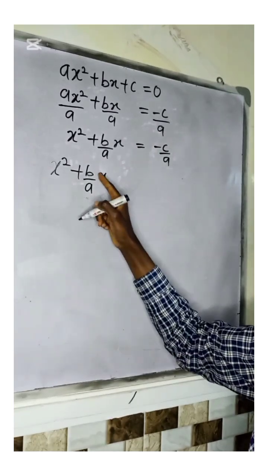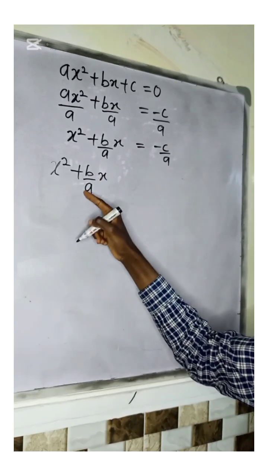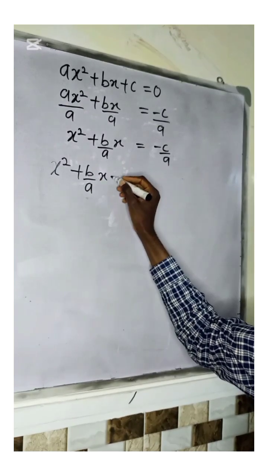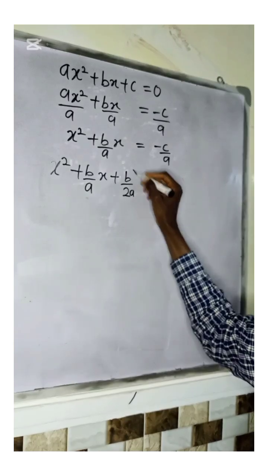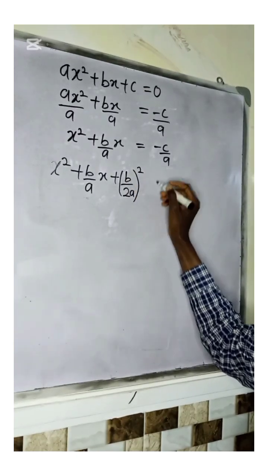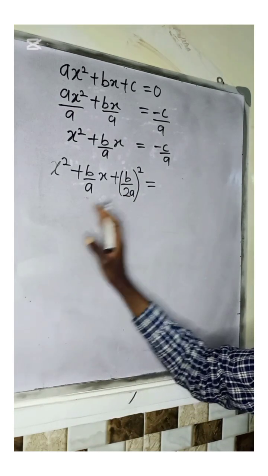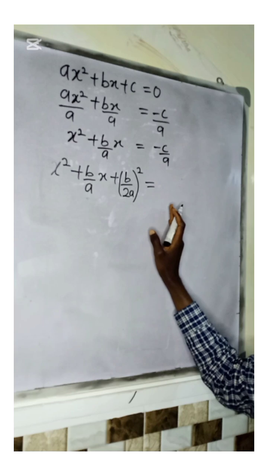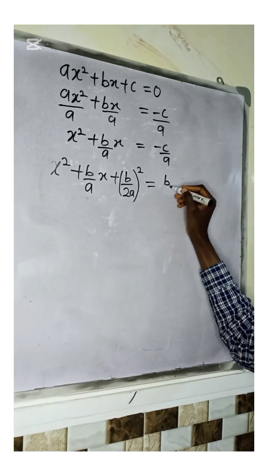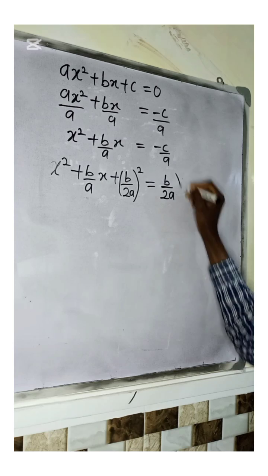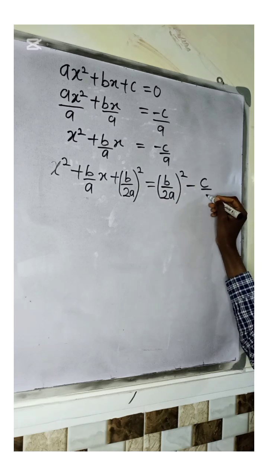What is half the coefficient of x? The coefficient of x is b over a, so half of it is b over 2a. So plus b over 2a, remember we are squaring it, equal to negative c over a. Whatever is added to the left hand side of the equation must be added to the right hand side for the equation to be balanced. So we add this to this side, and we have b over 2a all squared minus c over a.